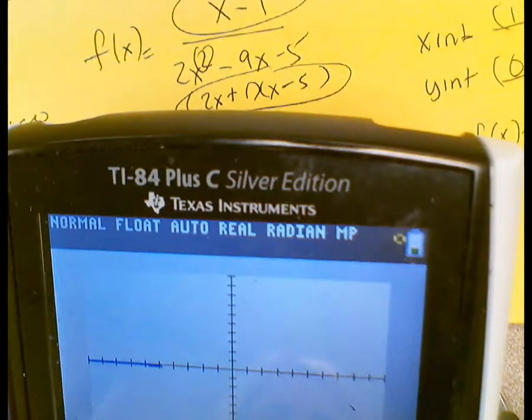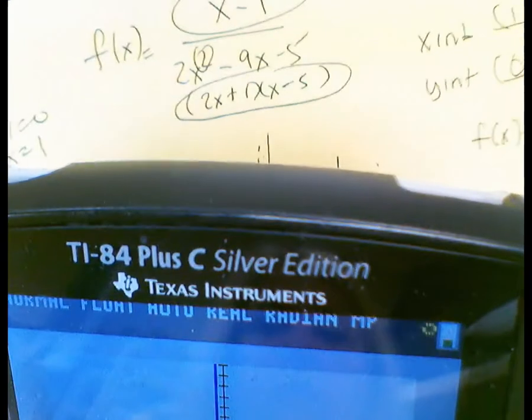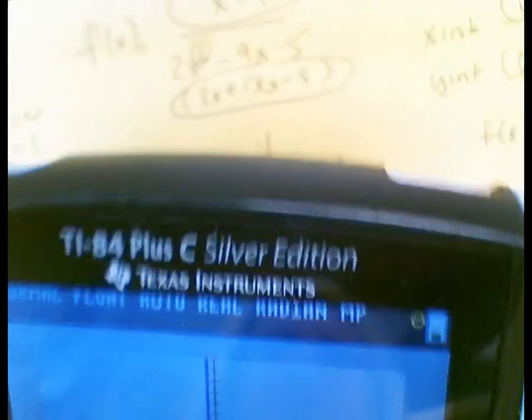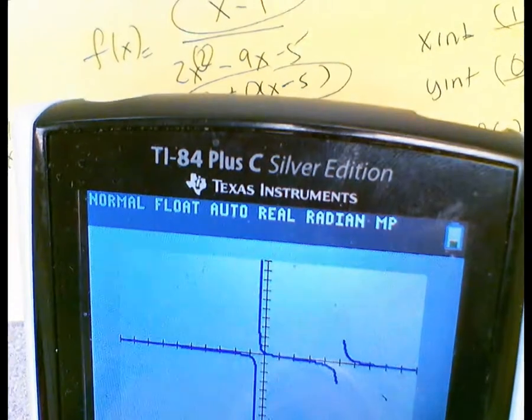So I think that's good. Minus 5, this graph. That's holding true to my vertical asymptote, negative 1/2 and 5.